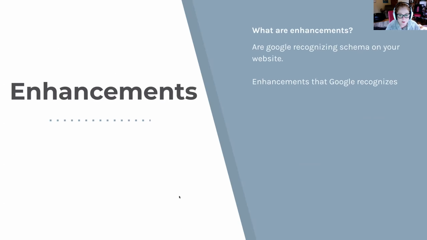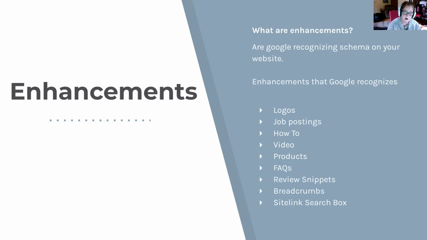I went through all the accounts we have and listed out all the different enhancements I saw. So enhancements on the other side on the search engine results pages are rich snippets, right? And these were all the ones I saw. So logos, job postings, how-tos, products, FAQs, review snippets, breadcrumb, site links, search box, all those things.